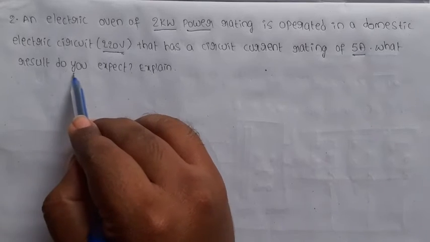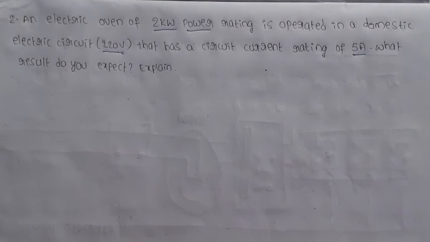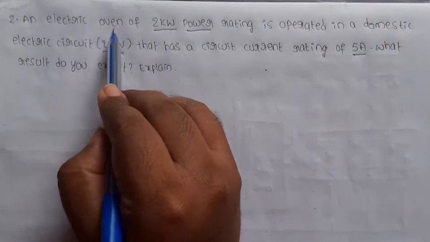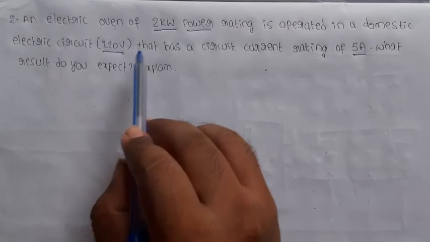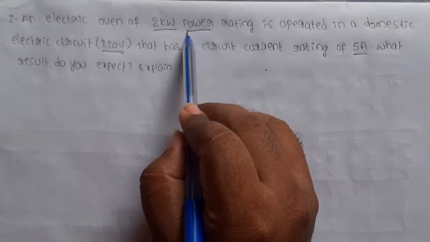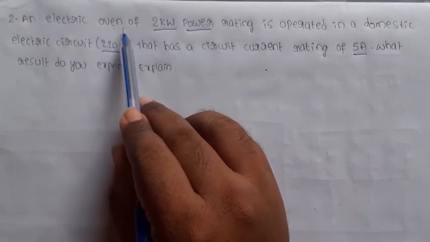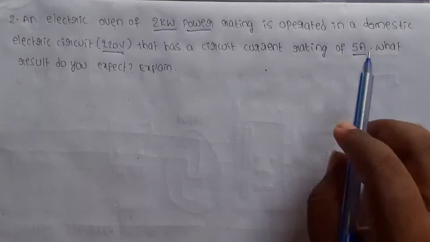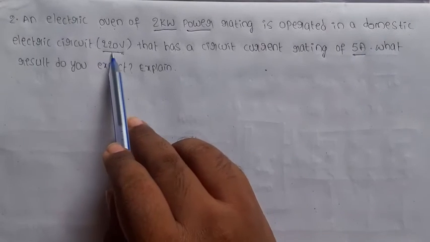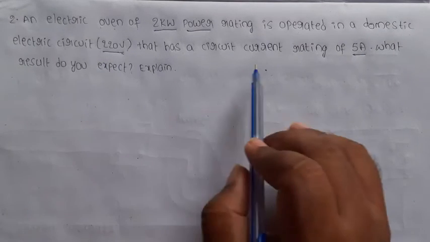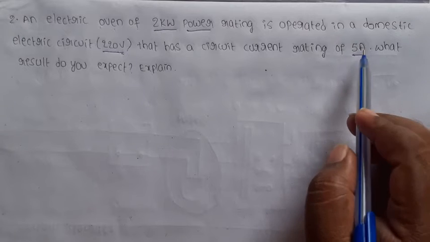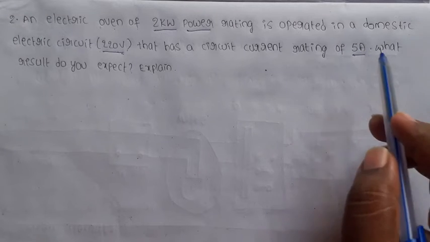What result do you expect? The power flowing to the oven is 2 kilowatt, the potential difference is 220 volt, and the limit of the current rating is 5 ampere.